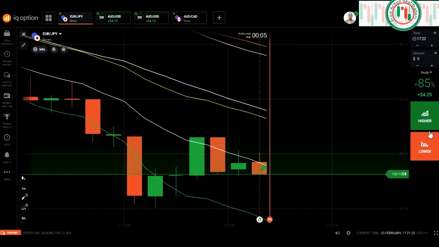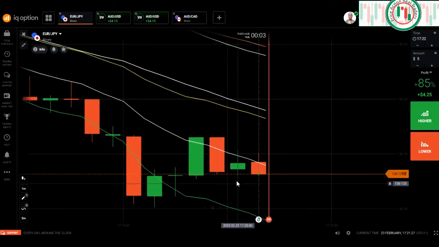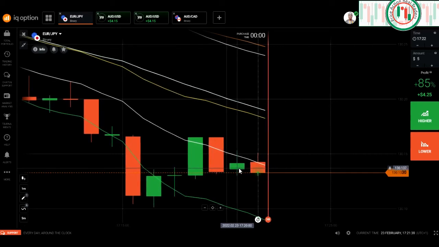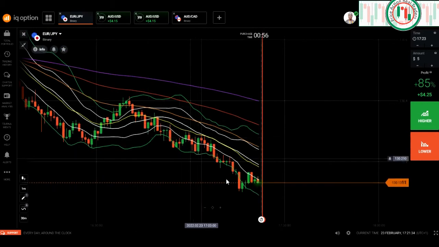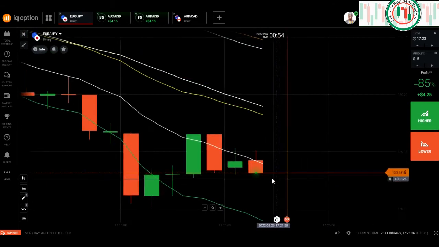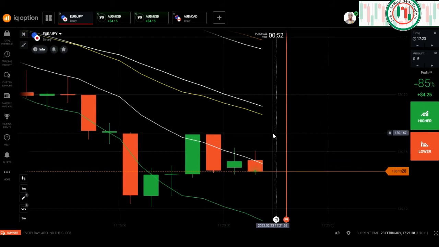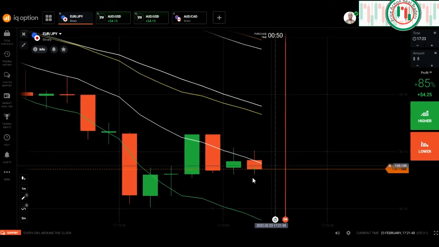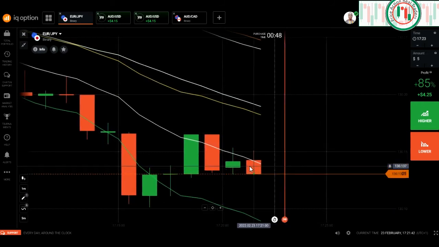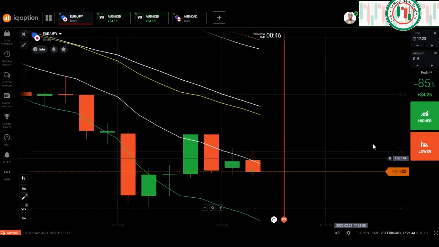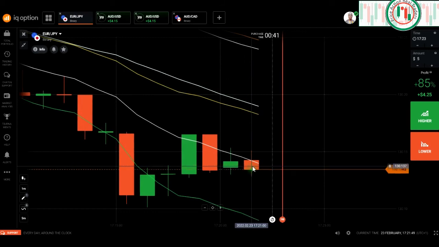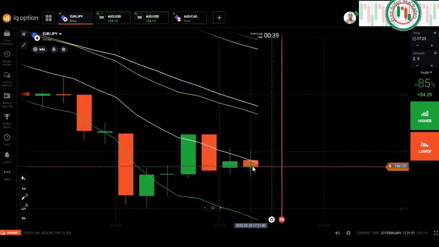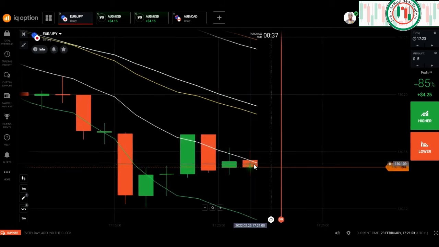Here you're supposed to place your call option, because the market is trying to create a double bottom here. The trend has finished completely, so that's why I didn't place my trade. But let's see, maybe if this one is a red engulfing, I will place a put option, but this is supposed to be a green candle.